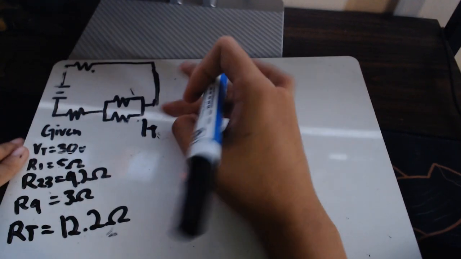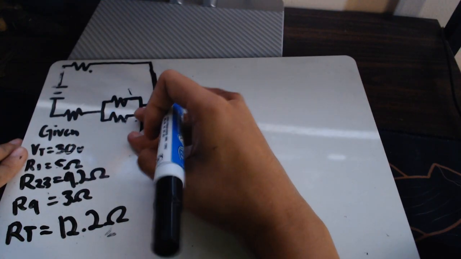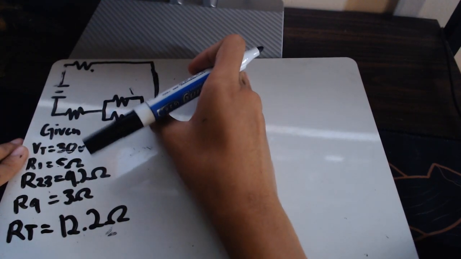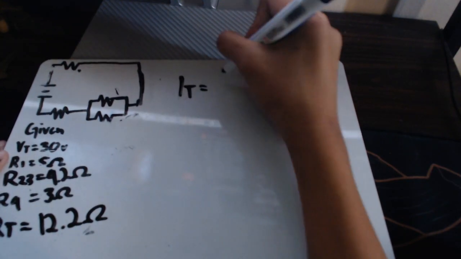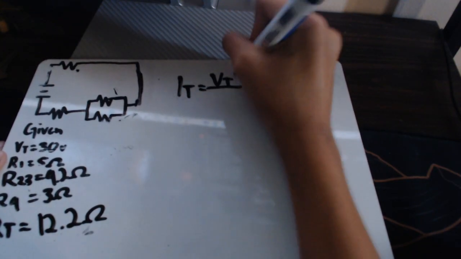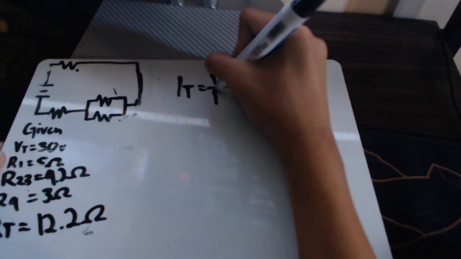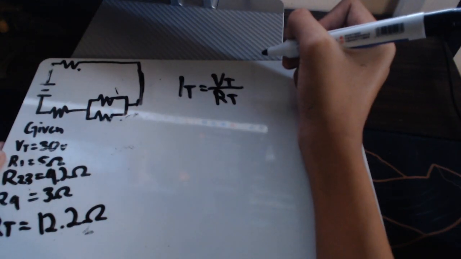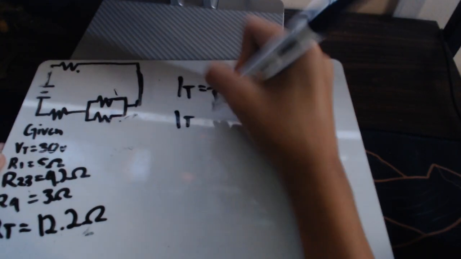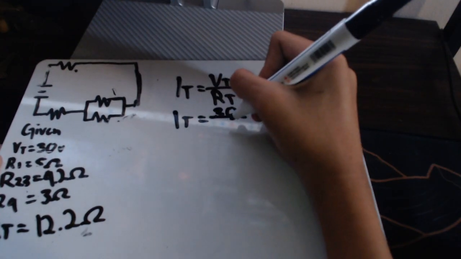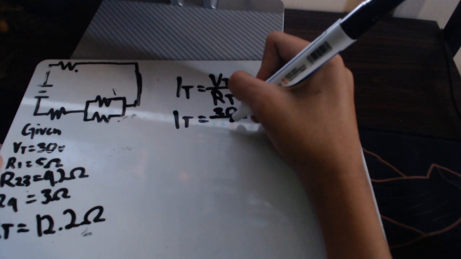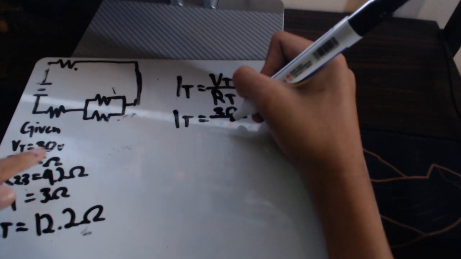Now that we know the total resistance, we can find the total current using Ohm's law. This is the formula for finding the total current. Now we can substitute it. The total voltage will be 30 because it's already given.